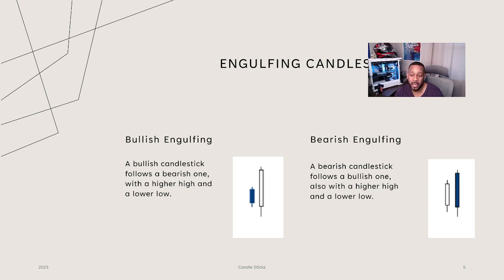With that being said, again, the lowest low is lower than the previous candle, and the highest price is higher than the previous candle. That's why it's engulfing. That's why it's a bearish engulfing, because the bullish candle is smaller than the bearish candle. And again, this is left to right, so the left candle is smaller than the one on the right.